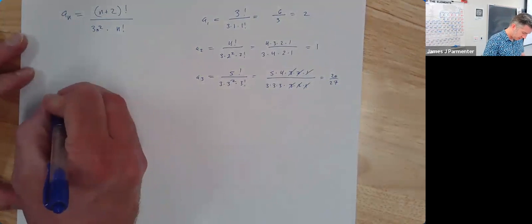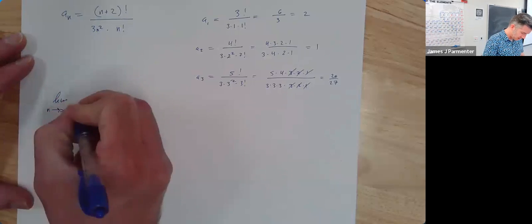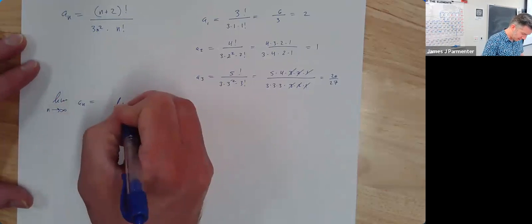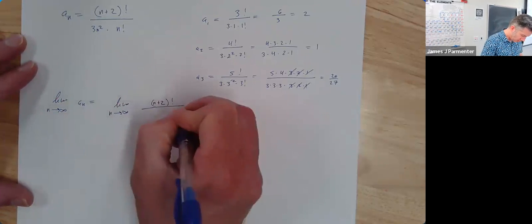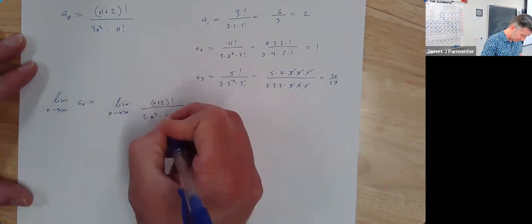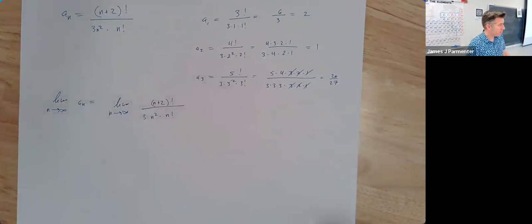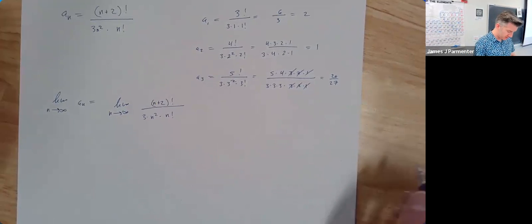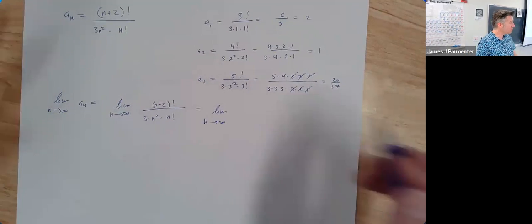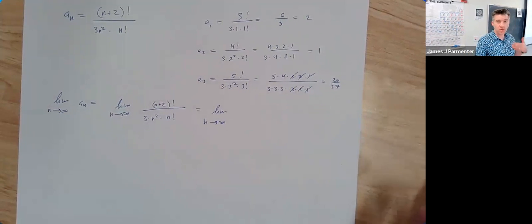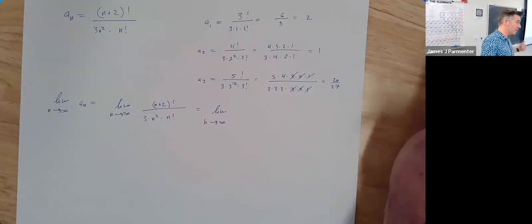If I want to find the limit as n goes to infinity of a_n, the limit as n goes to infinity of (n plus 2) factorial over 3 times n squared times n factorial, bummer of some news here. We cannot use L'Hopital's rule. There are factorials involved. We have to do something else. So I'm going to simplify some stuff. Here's what you should think about. (n plus 2) factorial just means n plus 2 multiplied by every lesser integer.